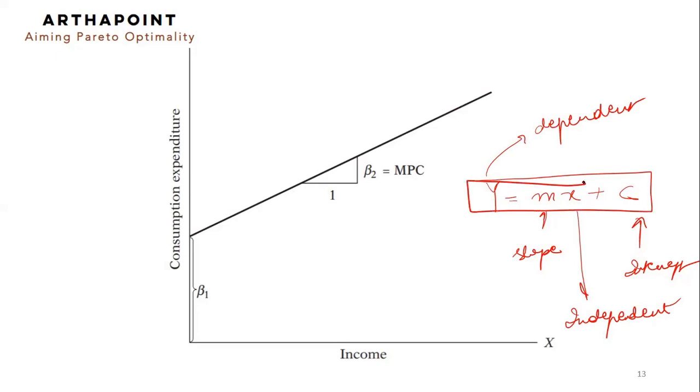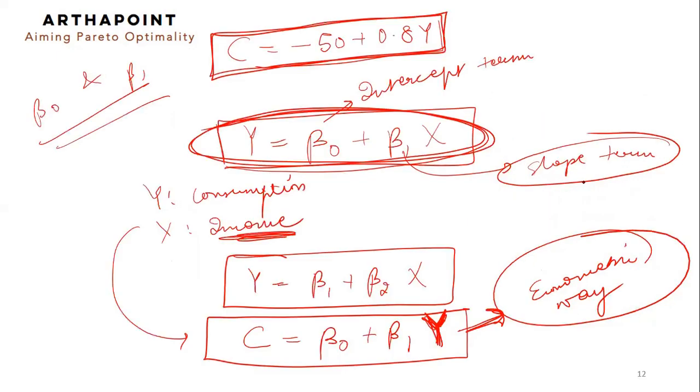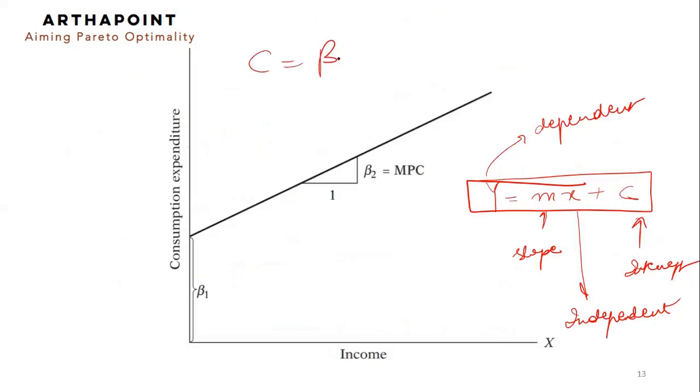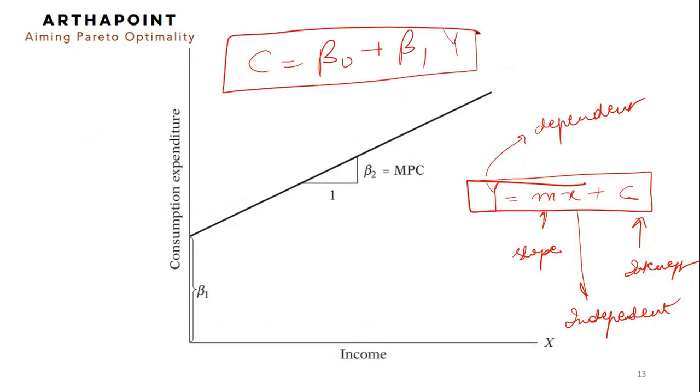This is the exact form in which we have written our relationship. So let's write this down. C is equal to beta naught plus beta 1 income. Let's compare this. So income is my independent variable. Whatever is the independent variable should come on the x-axis always. Consumption is the dependent variable. Whatever is the dependent variable should always come on the y-axis.